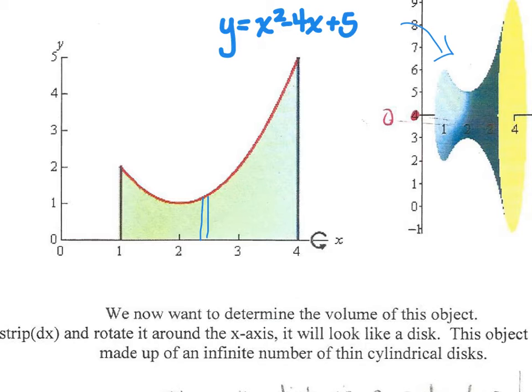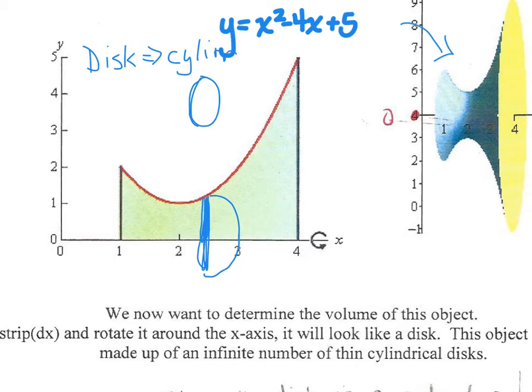If I take this thin strip right here and rotate this around the x-axis, what will happen? What shape will be created? What you are creating when you rotate that thin strip is a disc or a cylinder.